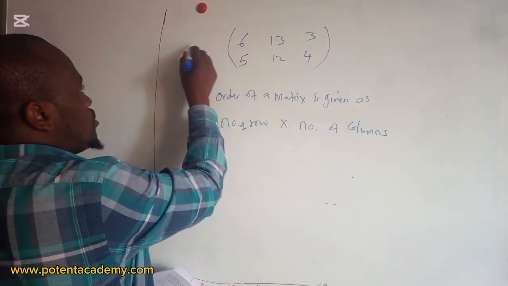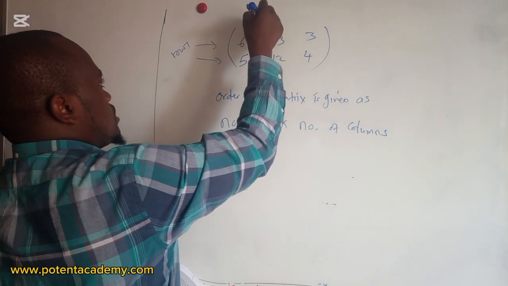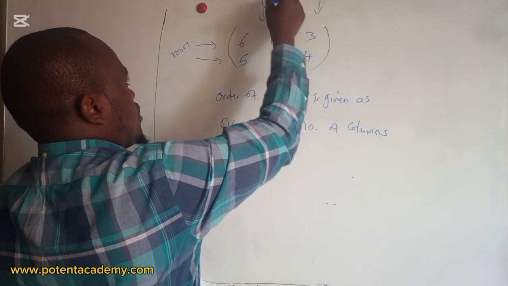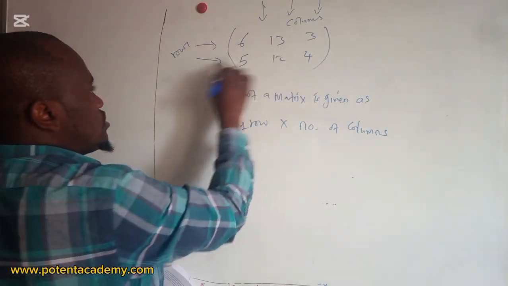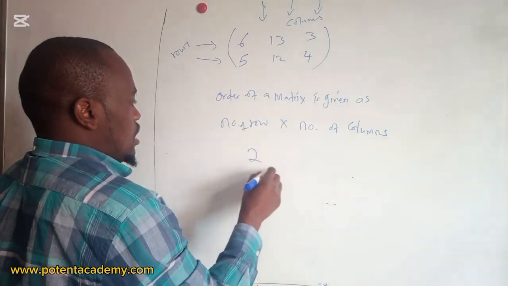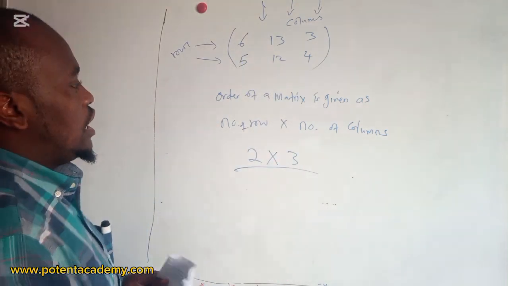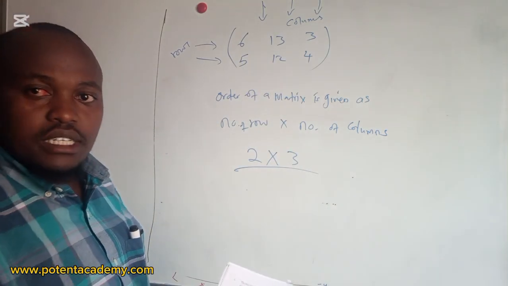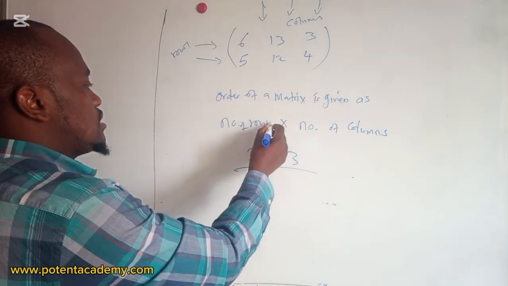In this one, rows go like this, and these ones are columns. So how many rows do you have here? 2. How many columns do you have? 3. So that is the order of the matrix. Order of the matrix is number of rows times number of columns.